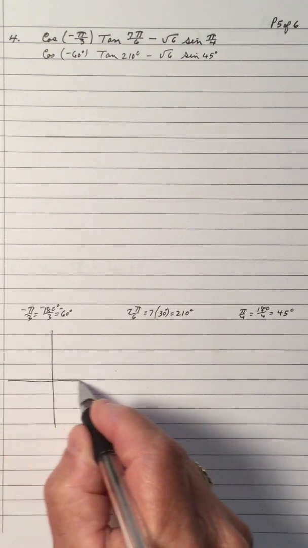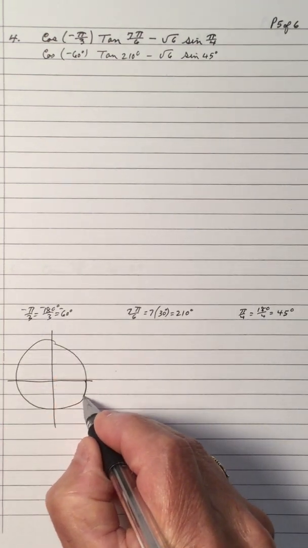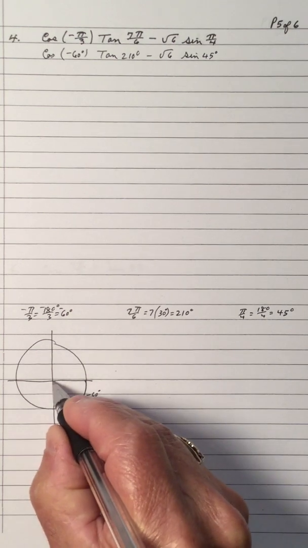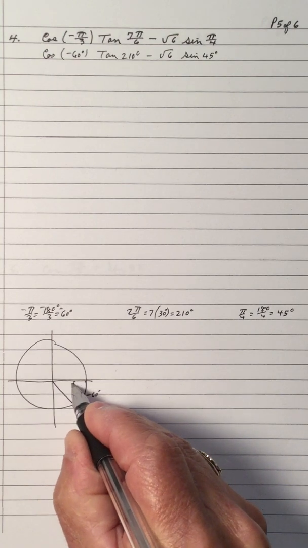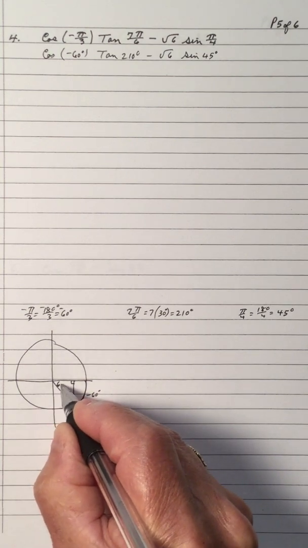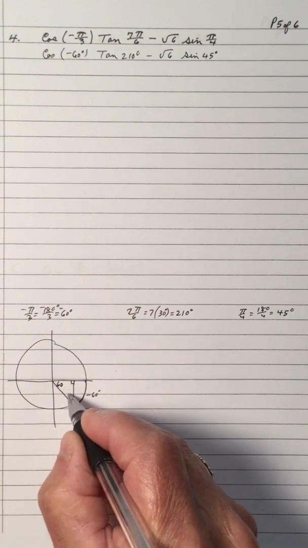There's a circle, rotation. We're doing a negative 60, so negative 60 is right here. Terminal arm goes out, perpendicular to the x-axis. If the arc is negative 60, the central angle is 60, which is the reference angle, but it's never negative.